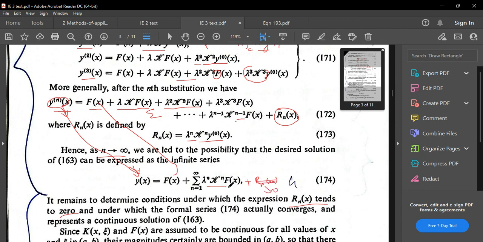So we will not write that. So we will show that this final iteration y of x will have this form.